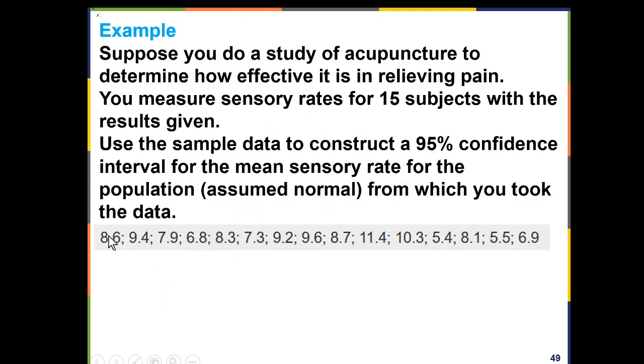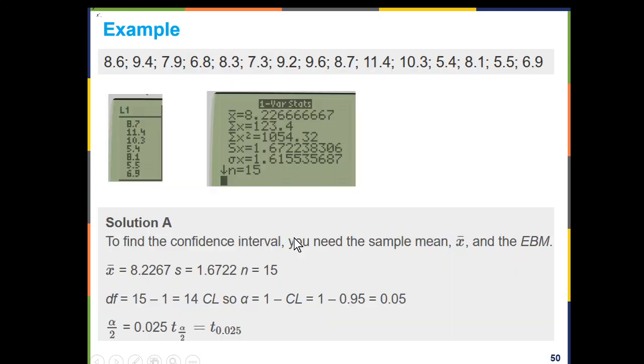So here is an example. This time we are given raw data. So what we need is basically we need to know x bar, we need to know t, and we need to know s over square root of n.